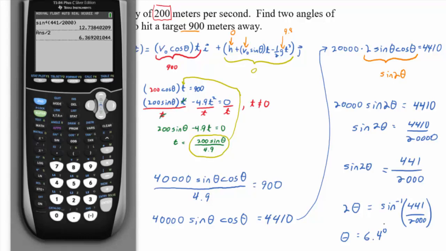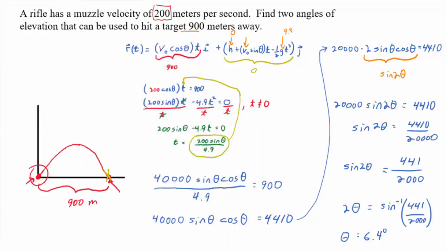But shouldn't there be another one? I mean, can you imagine what's happening here? So getting back to the picture then, if we start at 6.4 degrees, that's not very high, is it? So maybe the picture looks like this, right? But then, just conceptually, common sense-wise, what's another angle that might work? Something close to 90 degrees, something at a high angle.